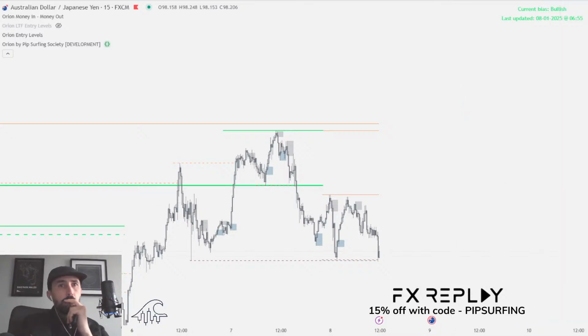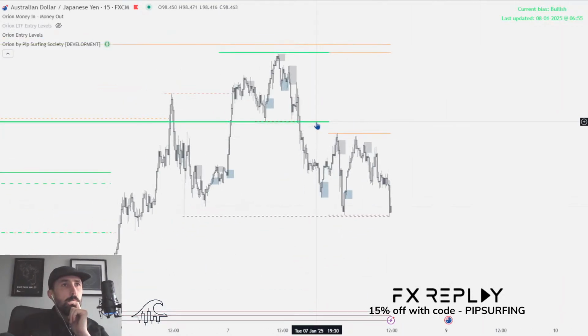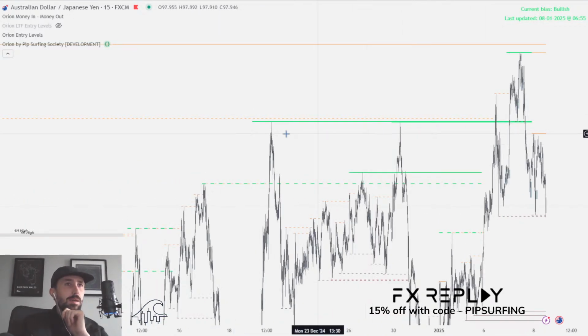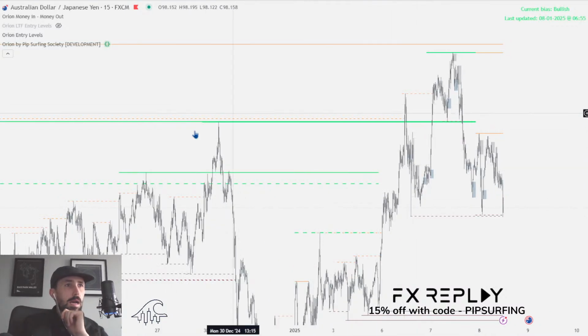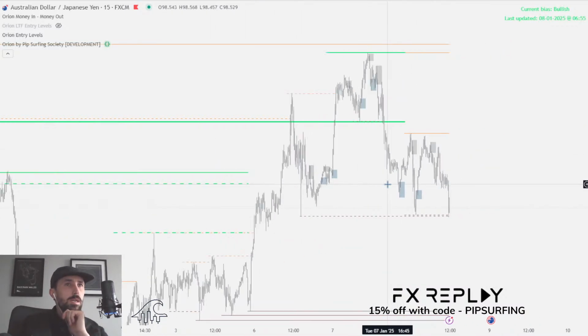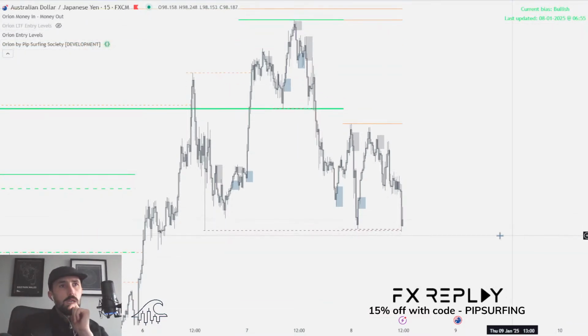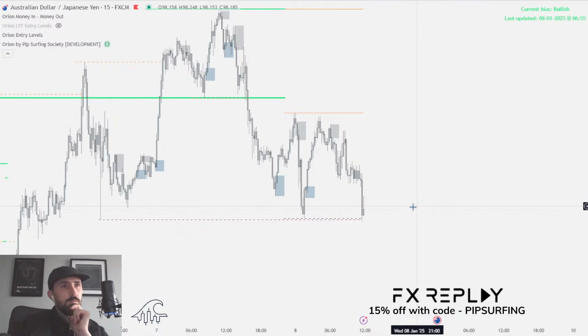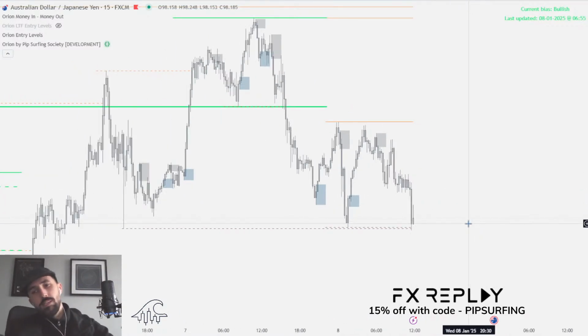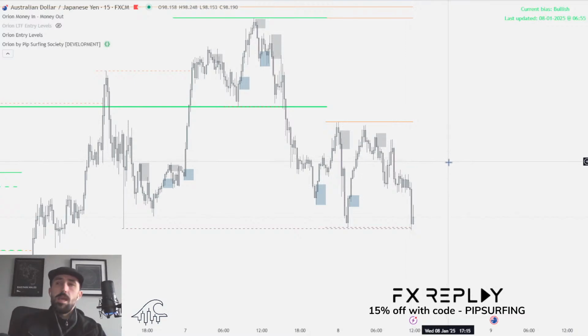So again, remember, any of these thicker lines you see are daily points, and you're having a slight misdata reading, and the way that they look is slightly skewed, and that's just because we're on the development version of Orion. Orion itself is relatively technical to apply to an automation. And we're actually opening a bit of a can of worms while we're coding it, due to some of the implementations that PineScript has.